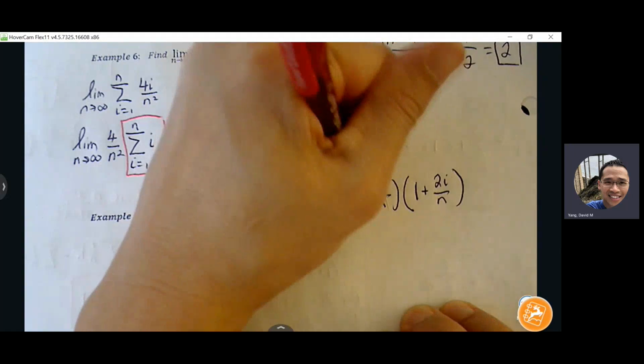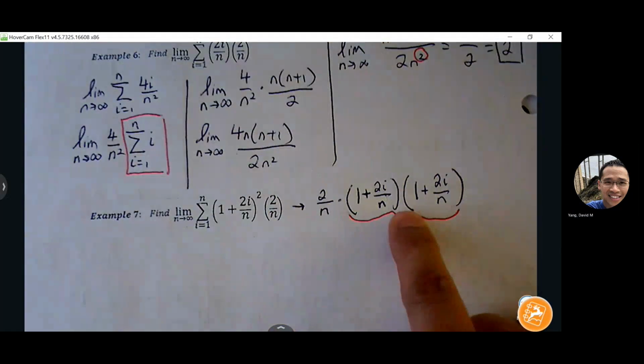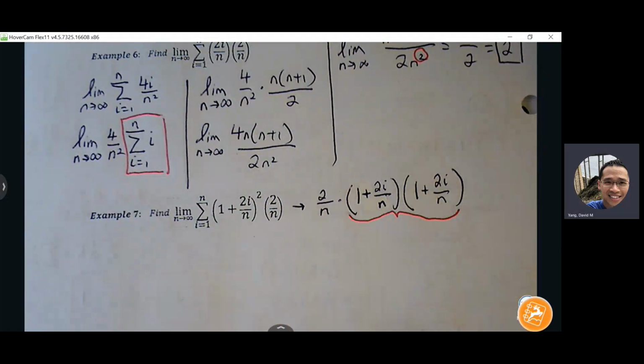I'm going to FOIL this out first, and then once I FOIL this out, I'll distribute the 2 over n through. So I'm just trying to separate all that mess to begin with.